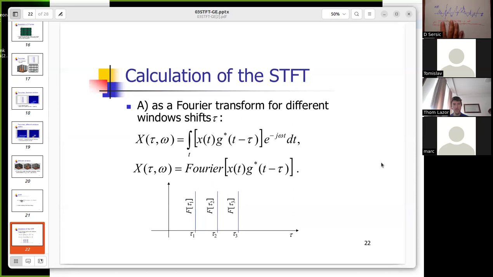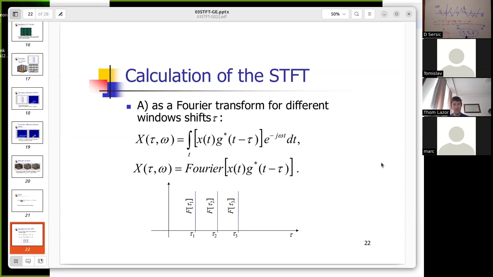Of course, in practice, I cannot do that for an infinite number of shifts. The position of my window was tau, but actually I can use tau 1, tau 2, tau 3, and so on. This set is definitely discrete, it is not continuous as it is in the equation.